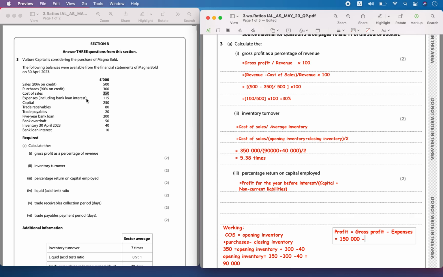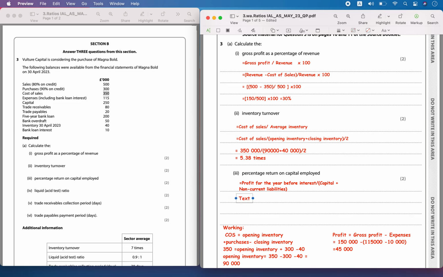The expenses include the bank loan interest, which we have to remove. So 115 minus the bank loan interest of 10,000 you have to subtract. That value is going to be equal to 45,000. So 45,000 is the net profit.